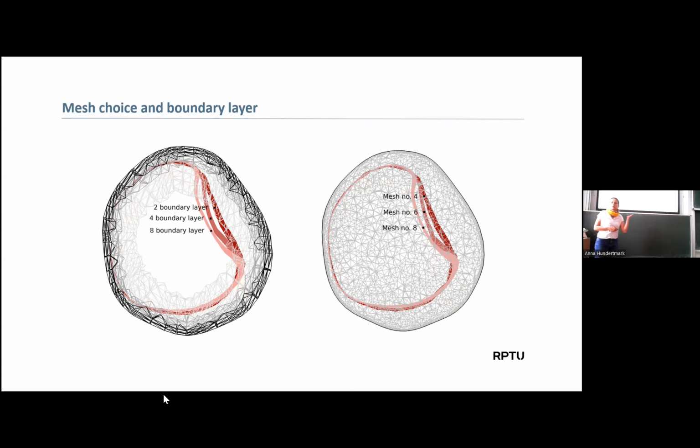What I want to say with that is that the resolution of the boundary layer is very important for evaluating the wall shear stress, because wall shear stress includes the derivative of the velocity on the surface. Therefore, with these refinement strategies, we converge to some solution.